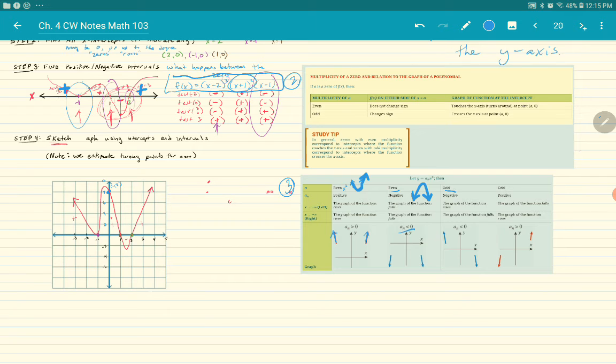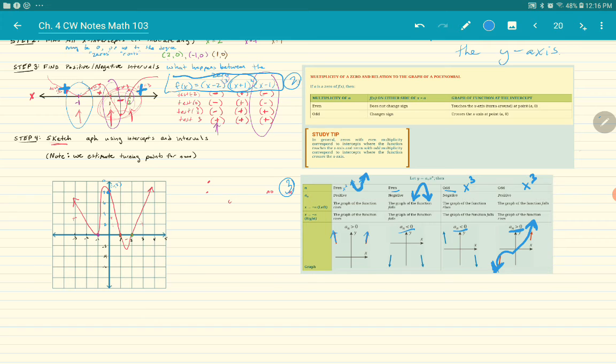When the function is odd, like x cubed, and a is positive, when a is positive, then we have this shape. So we have our end behavior like that.